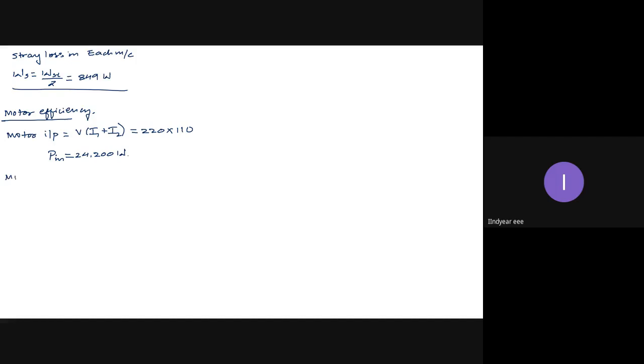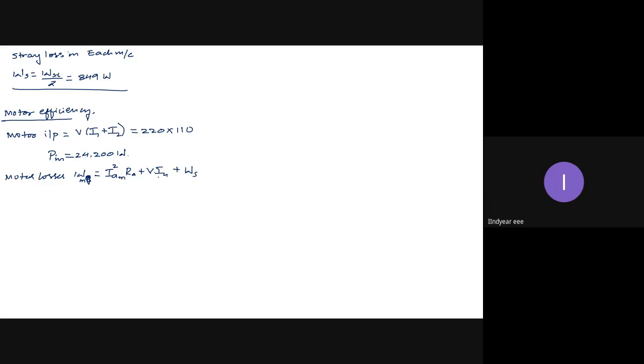Motor losses, Wm is equal to IAM square Ra plus V into I3 plus Ws.